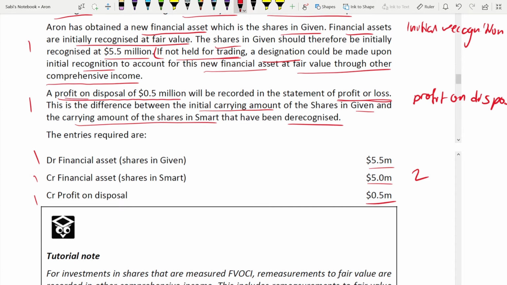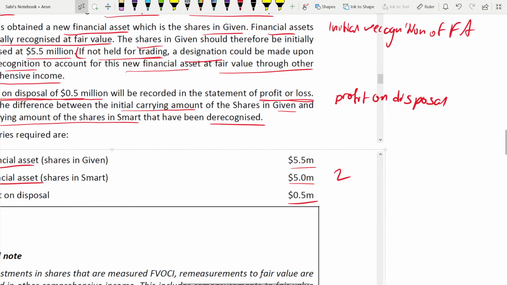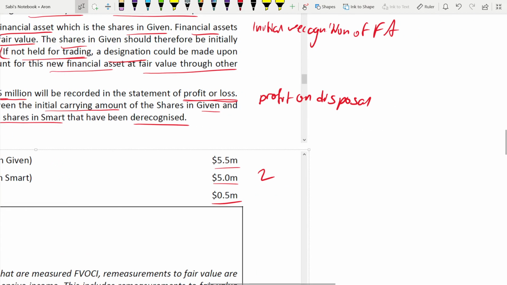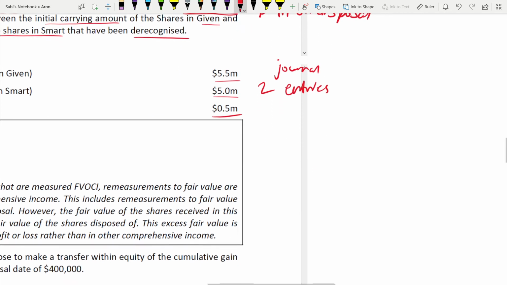You have already told about profit, but for debit financial asset and credit financial asset, these entries are another 2 marks. Journal entries, 2 marks, and finally 1 mark. You see, out of 6, 5 marks are already gone.